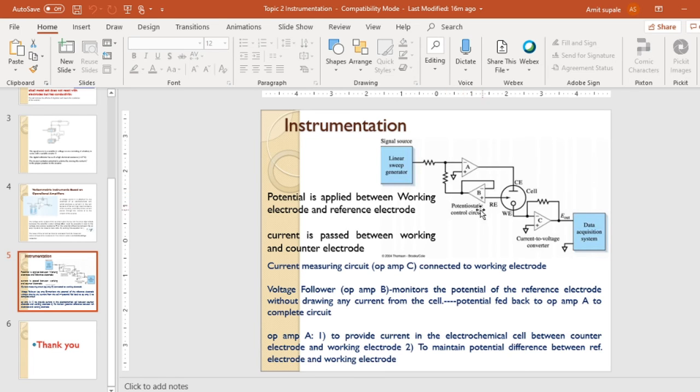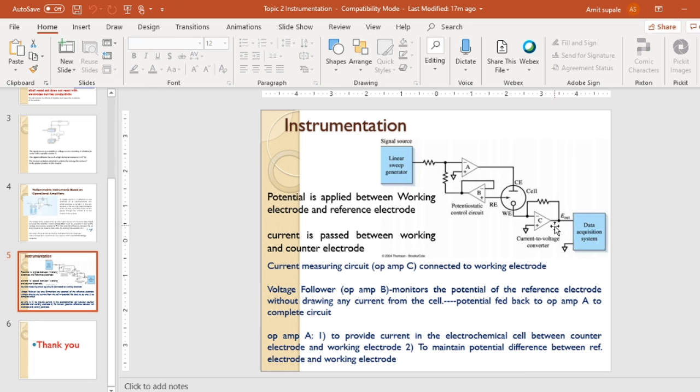Whatever potential is generated here is given as feedback to operational amplifier A. Operational amplifier A has two simultaneous roles: first, to provide a current in the electrochemical cell between the counter electrode and working electrode, and second, to maintain the potential difference between the reference electrode and working electrode. Whatever current is generated passes through the resistance, the output voltage is measured, and by using this output voltage the current can be easily recorded, as we have already seen in how the operational amplifier works.